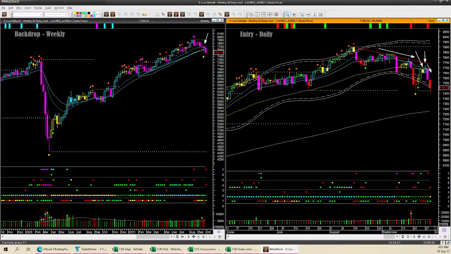On Monday price tried to go up, and Tuesday price came down with a magenta candle. That gave the go with flow short setup that I expected and explained in the weekend market roundup.